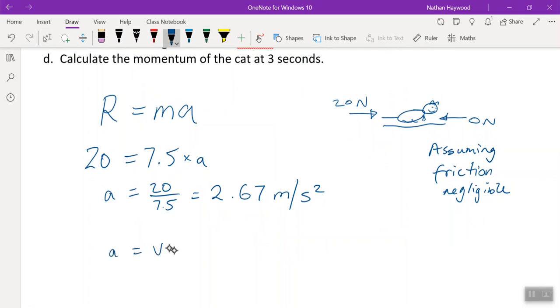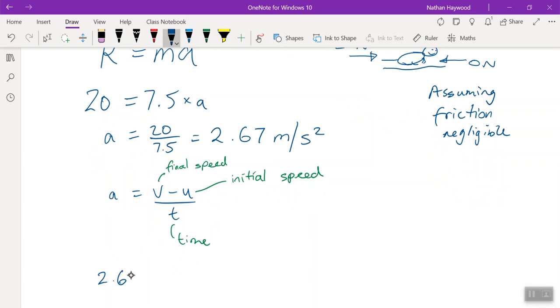Yep, so if we don't integrate, we can just use this handy physics formula. a, acceleration, equals v final minus u initial speed, over time. We know the acceleration is 2.67 approximately. We don't know the final speed, that's what we're trying to find. What's the initial speed?